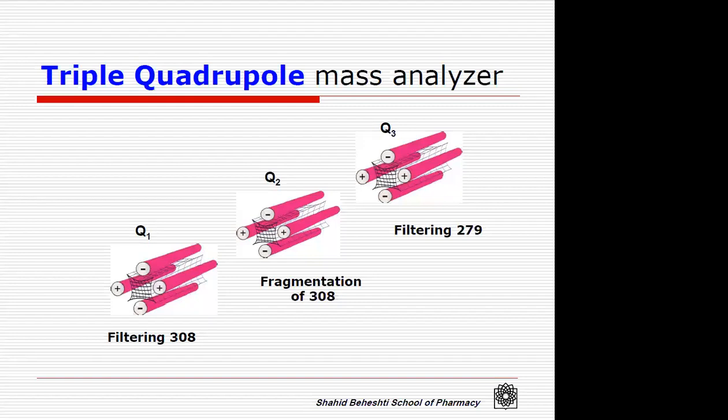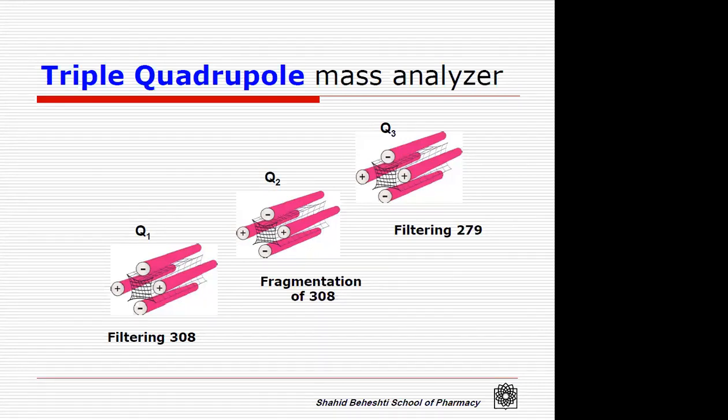The Q2 is called the fragmentation cell or collision cell. In Q2, we have a process of fragmentation in different ways. I'm not going to go into the details, but in Q2, we get the fragmentation process. That means the compound which has passed through Q1 is delivered to Q2, and in Q2, we will have the fragmentation of this molecule.